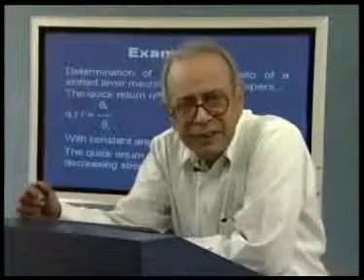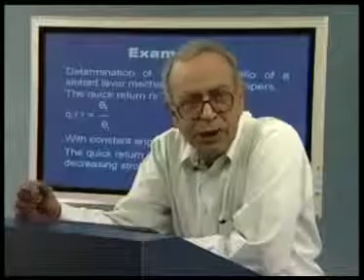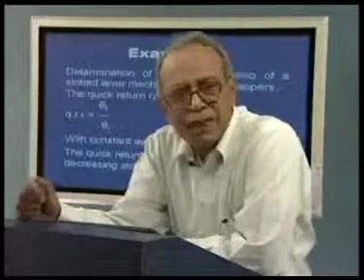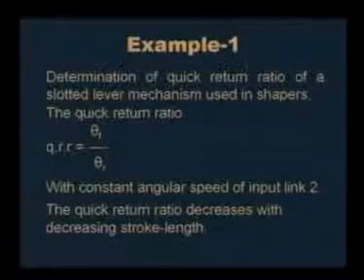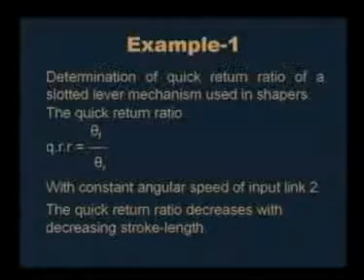So we shall see first the model of such a Whitworth quick return mechanism, then pose the same problem as example 2, determine the quick return ratio of this Whitworth quick return mechanism, and also see how it is independent of the stroke length of the tool. So before showing you the model and solving the problem, let me restate the problem for your benefit.